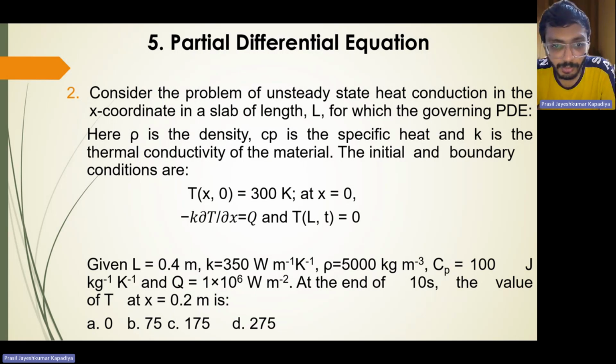Given L is equal to 0.4, K is equal to 350 watt per meter per Kelvin, rho is equal to 5000 kg per meter cube, Cp is equal to 100 joules per kg per Kelvin, and Q is equal to 1 into 10 raised to 6 watt per meter square. At the end of 10 seconds, the value of T at x equal to 0.2 meter is what? That we are supposed to say.